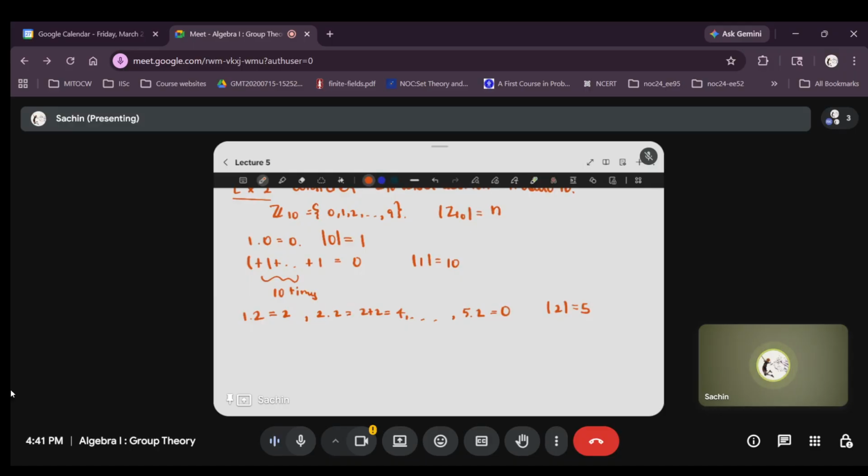So now if n is the order of 3 and you have to add 3 n times, then that's the same as saying 3n is a multiple of 10.